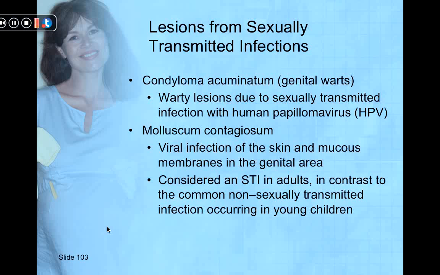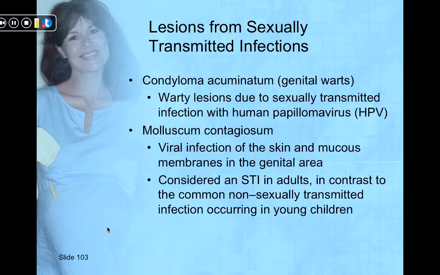Lesions from sexually transmitted infections, they can have condyloma acuminatum, which is genital warts, and due to the HPV virus. They can have molluscum contagiosum, which is caused by a viral infection, and it affects skin and mucous membranes in the genital area in adults. This is typically transmitted sexually.